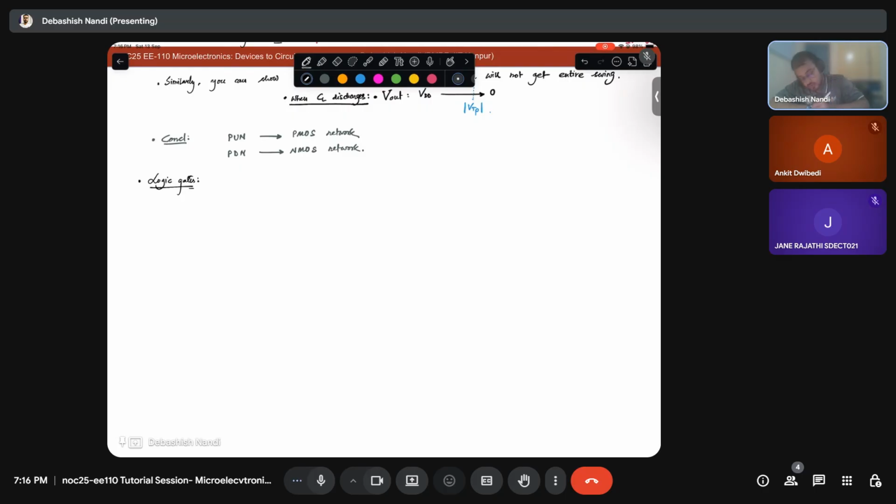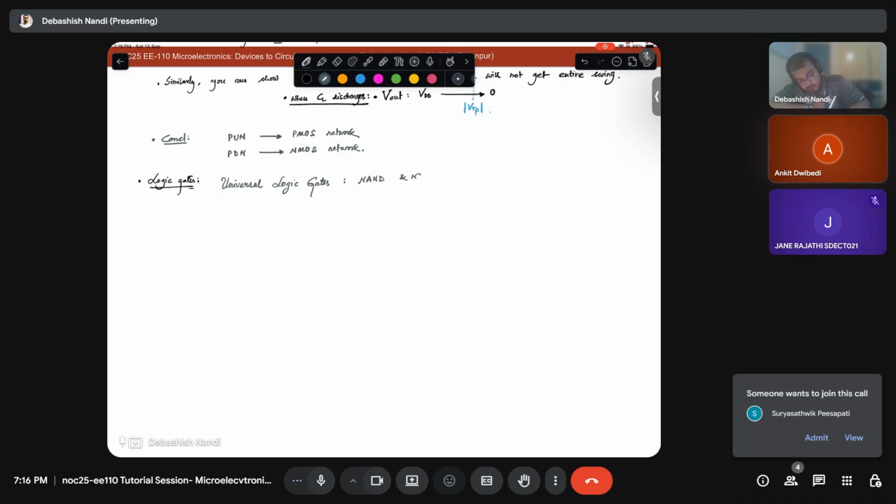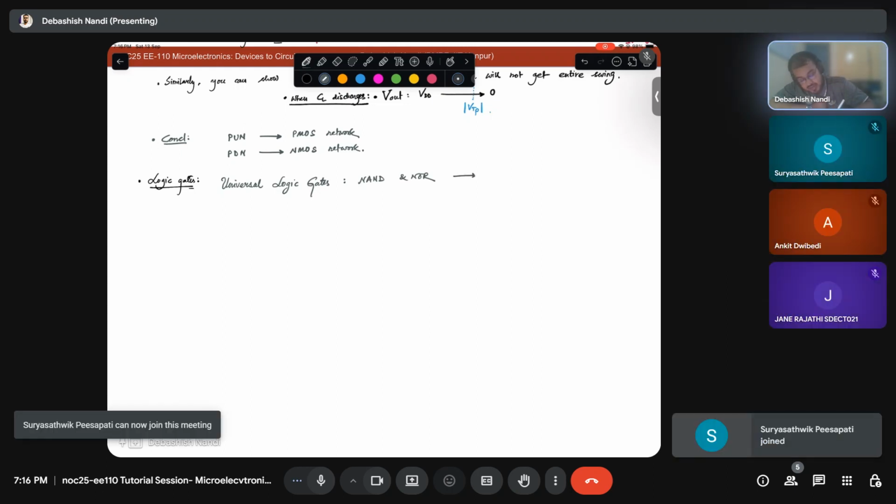So tell me one thing, what are the universal logic gates? NAND and NOR. And why do you say so? Because with these two gates we can basically make any basic gates. With these two, I can make the entire set of basic gates.